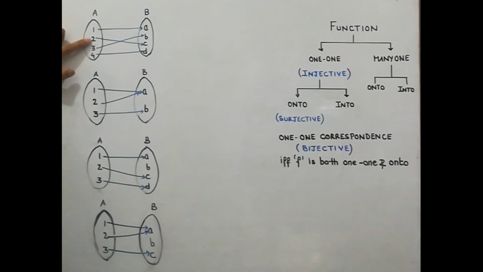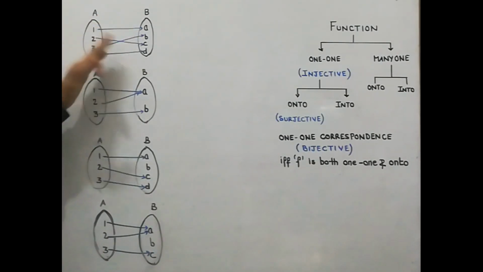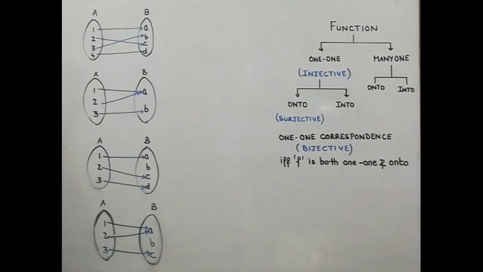See here, these were the four different elements, and each element had a unique image. So different elements were having different images. So this is one-one.